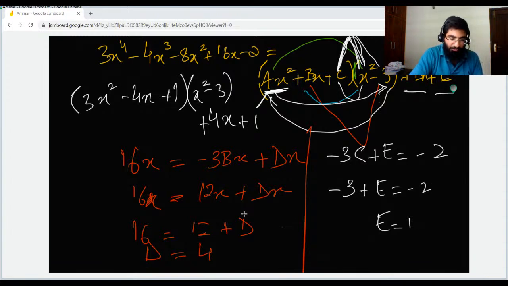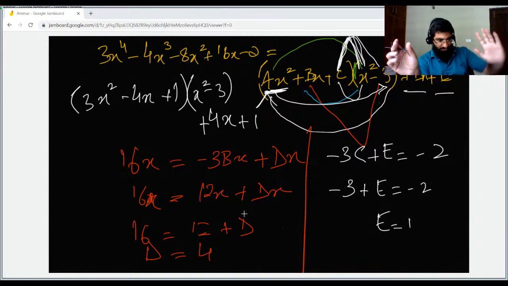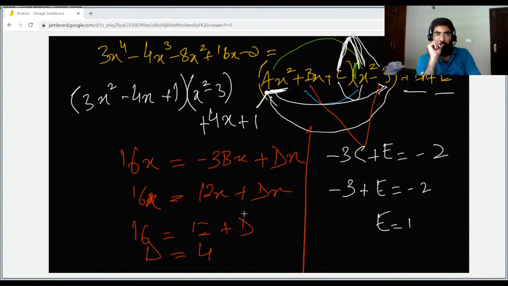They wouldn't contribute to x raised to the power 4, because it's already x raised to the power 1 and x raised to the power 0. The only way I can get x raised to the power 4 is by multiplication of x squared with another x squared. So I take just this one, 3x4 from the left hand side and ax squared multiplied with x squared from the right hand side. Okay, I get it.